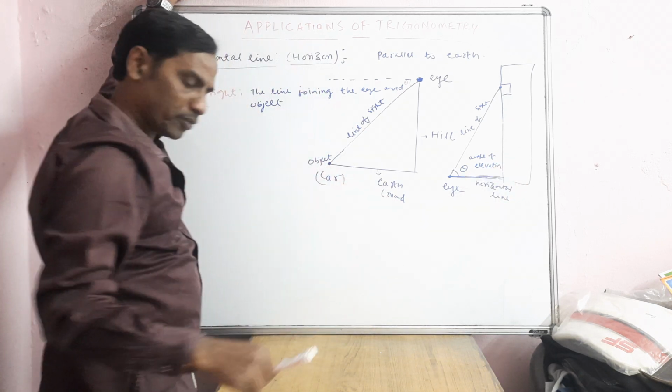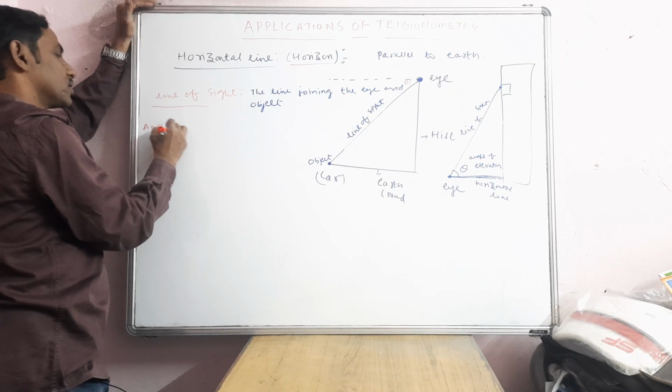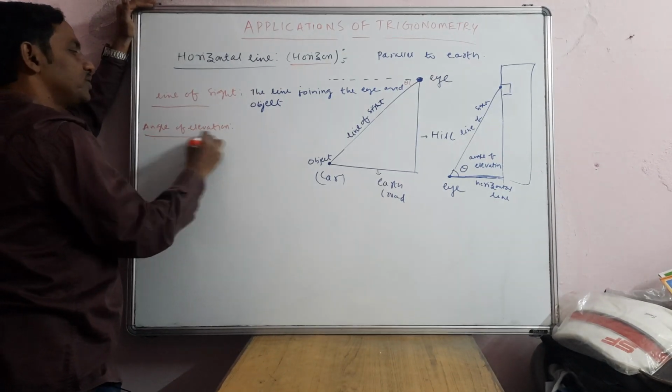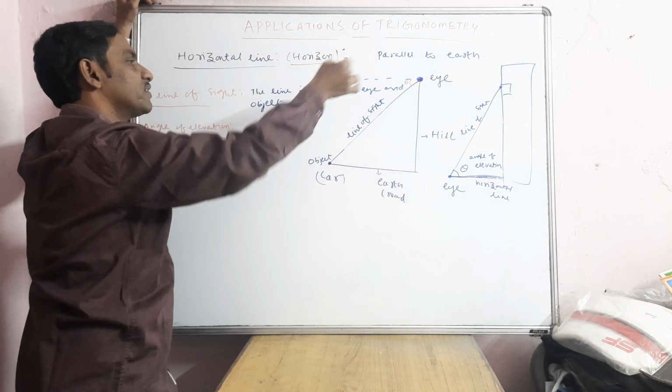Now you can write the definition of angle of elevation. The angle of elevation is the angle between the object and the horizontal line when the object is above the eye level.